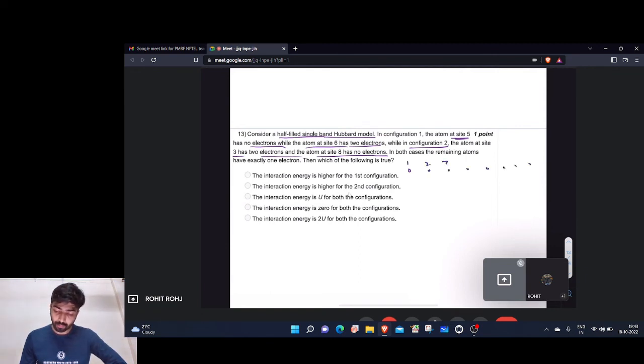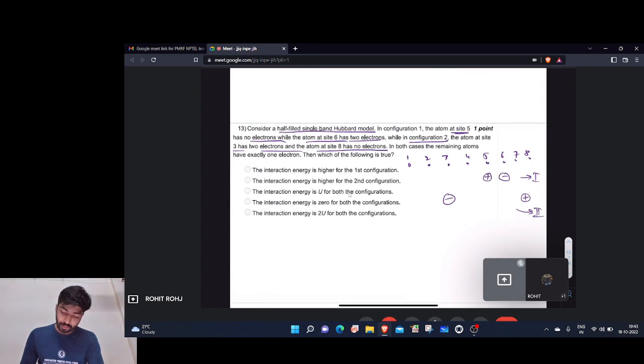Let's name these sites. In the first configuration atom 5 has no electrons, so let's say there's a positive charge, and atom 6 has 2 electrons, so it becomes negatively charged. This becomes configuration 1. In the second configuration site 3 has 2 electrons, so the negative charge moves here, and site 8 has no electron. This becomes the second scenario.